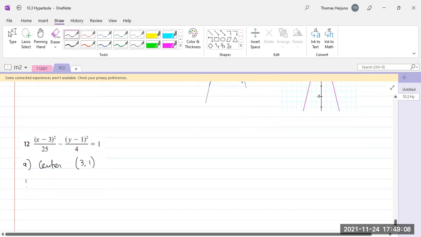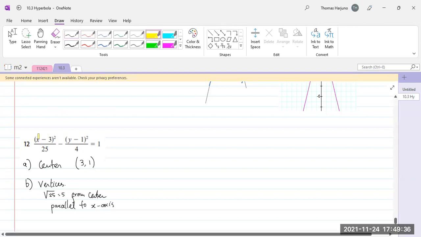The vertices are square root of 25, which is 5, from the center, parallel to the x-axis. How do we know, Thomas?